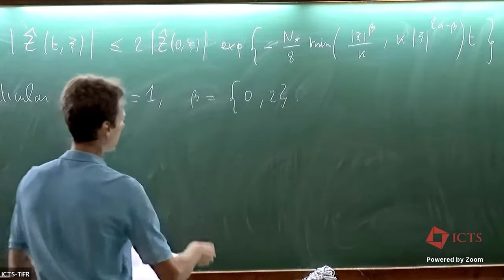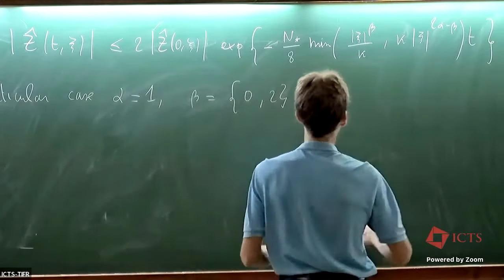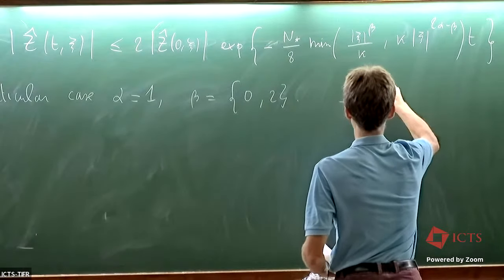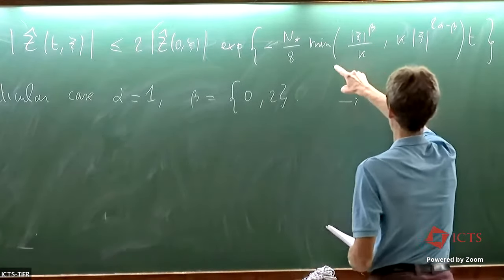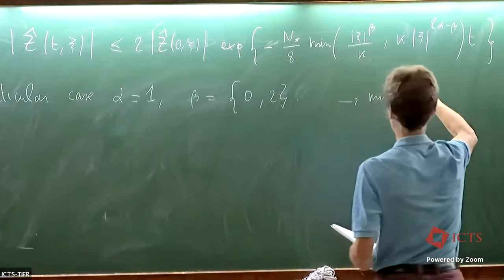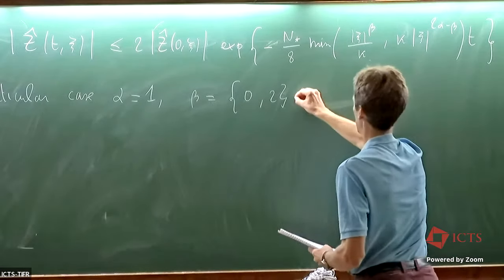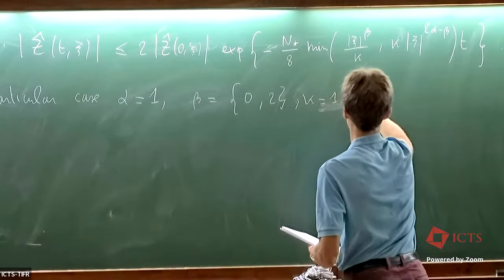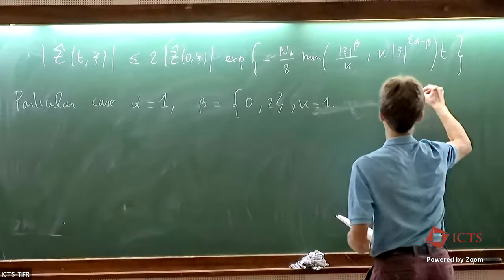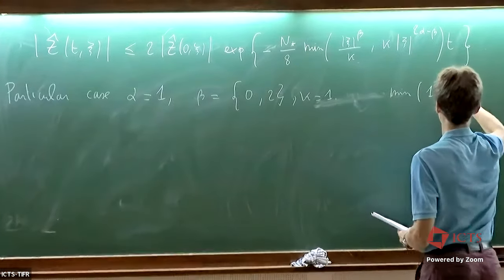So in that case, what you get is just the minimum between, I remove kappa for simplicity, kappa equal 1, and so what you get is a minimum between 1 and psi square.